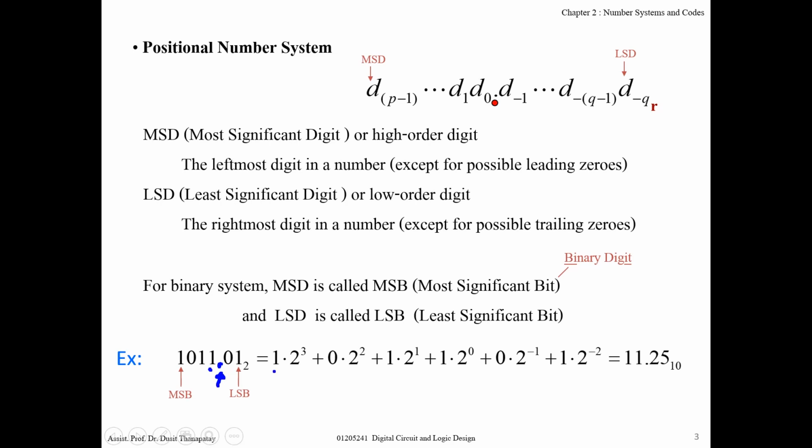This one has weight 1, 2 to the power of 0, and the next digit is 0, and then 1. And the numbers behind this point are powers of -1 and -2. So we can calculate this number.